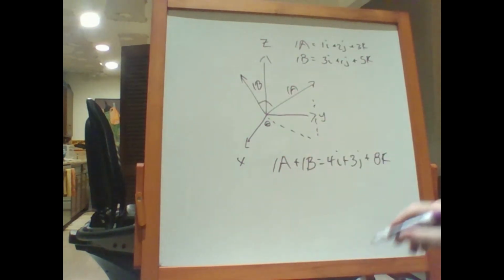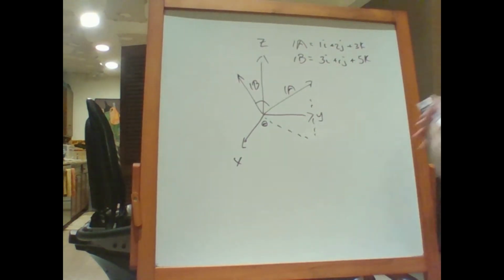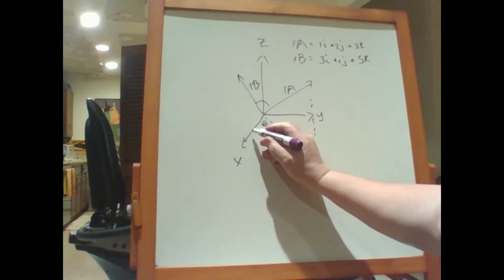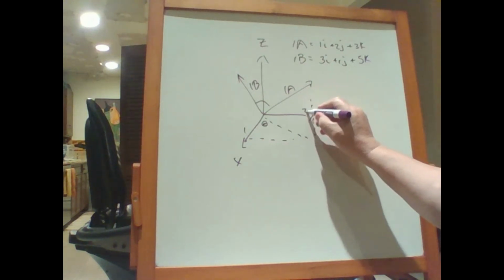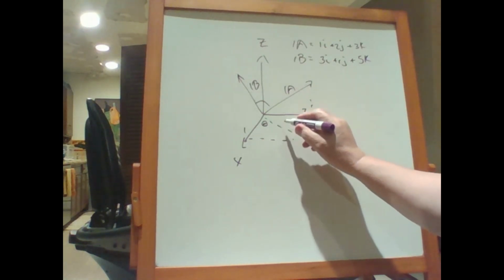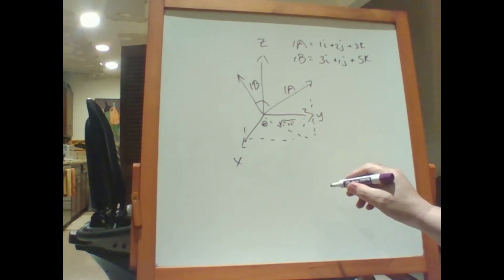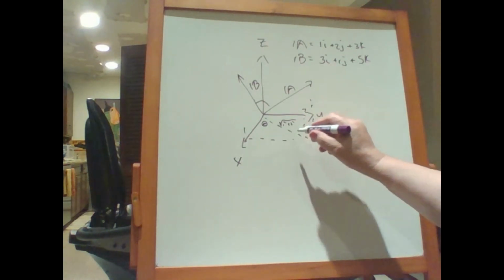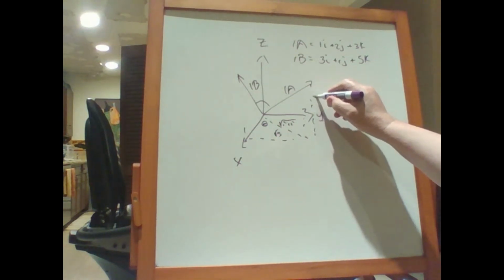The magnitude of A and B would be, for A, we got 1 and we got 2. So this is 1 squared plus 2 squared. That's a square root of 5. And then this height is 3.